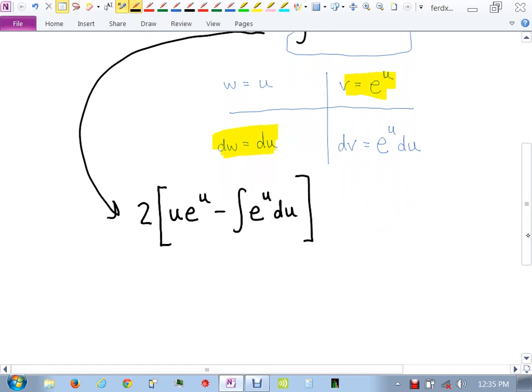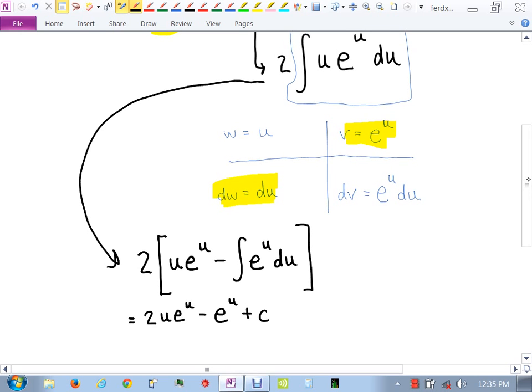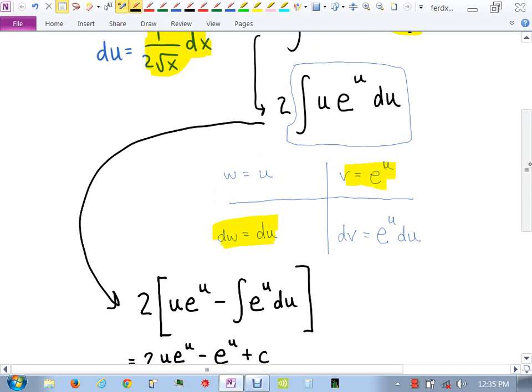Well, I'm going to have to integrate first. I haven't integrated e to the u yet. I'm getting a couple of looks of dismay. What happened to our what? In which integral?